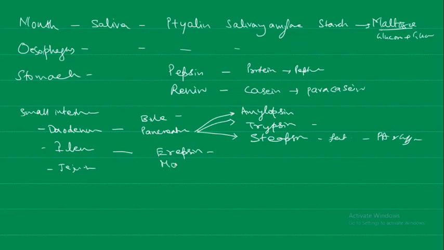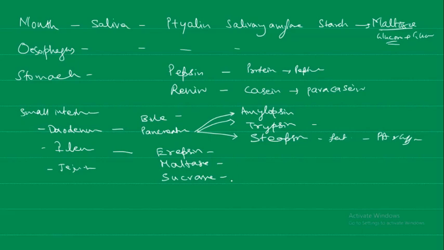Then maltase. Whatever we see as the breakdown of starch to maltose, that maltose needs to be further broken down into glucose. That is going to take place by maltase. Then sucrase, which is going to convert sucrose into glucose and fructose.